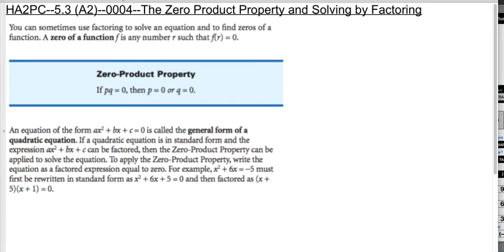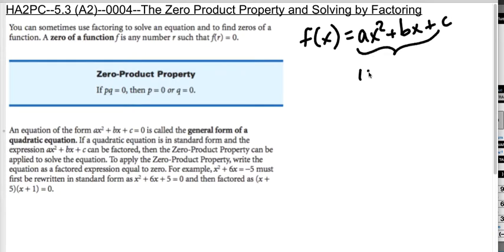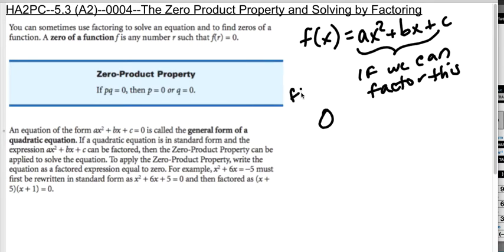So we can use this to solve quadratics. Let's say we have a quadratic function f of x equals ax squared plus bx plus c. If we can factor this, then it's easy to find the roots, which are also sometimes called the zeros or the x-intercepts.